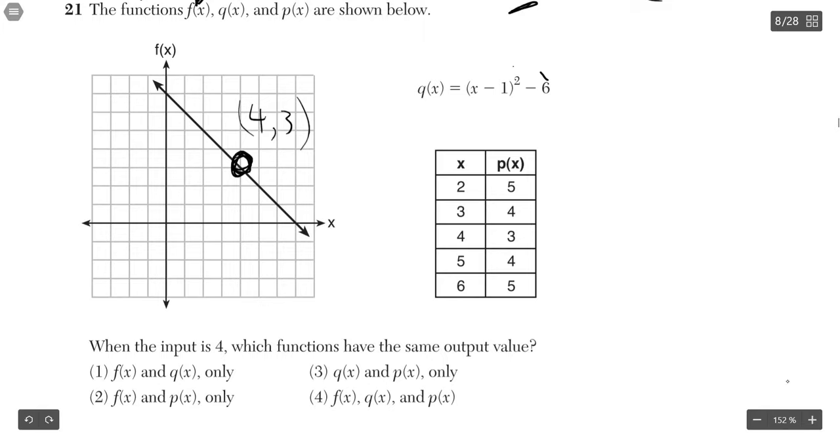We'll come back to this one in a minute, because this one's easier. Over here, when the x input is 4, the output of p of x is 3. So those two are the same. Now for this one, you could either just plug in 4 yourself, or you could type into the calculator, or you could graph it and use the table.